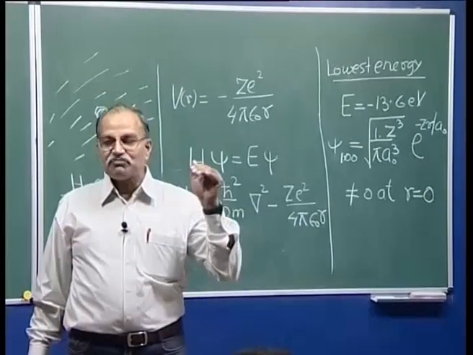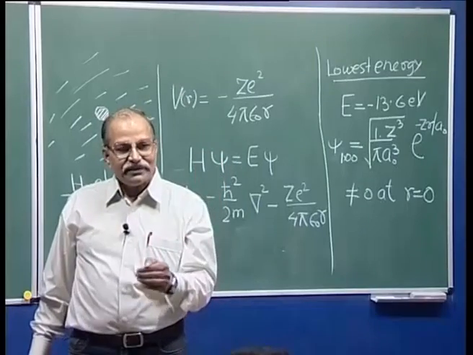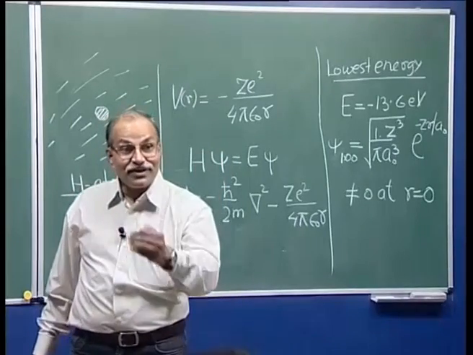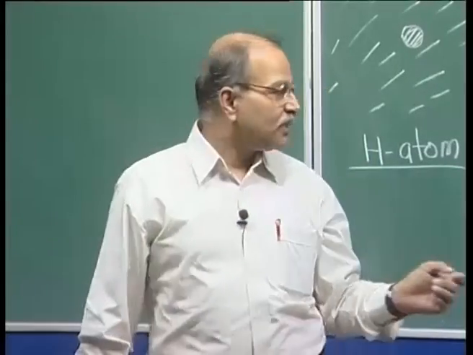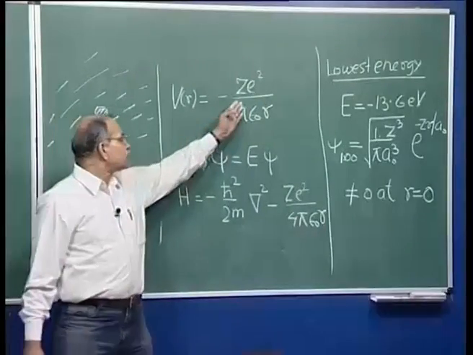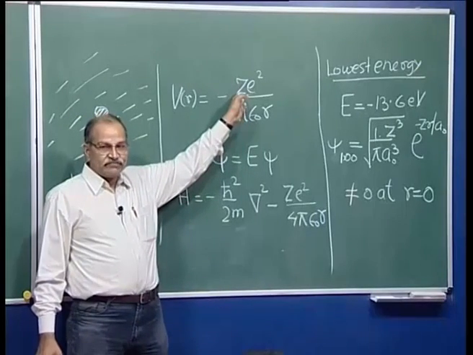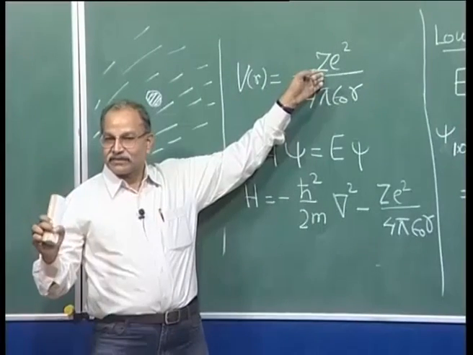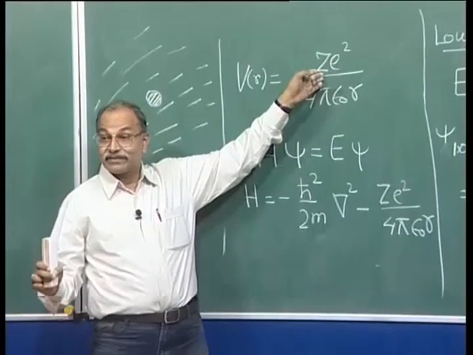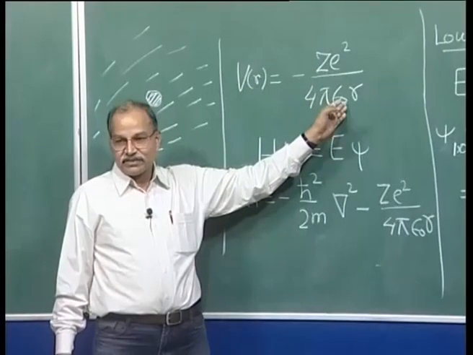So, if the electron is penetrating the nucleus, then any structure in the nucleus will affect it. Now, the Coulomb potential energy that you have written assumes that the nucleus is just a single mathematical point at the origin. That is why I have written it like this.